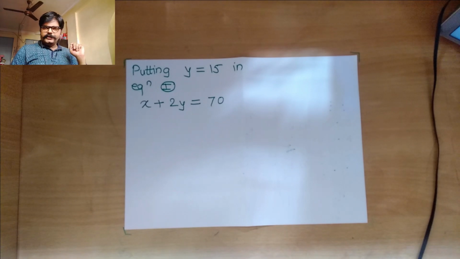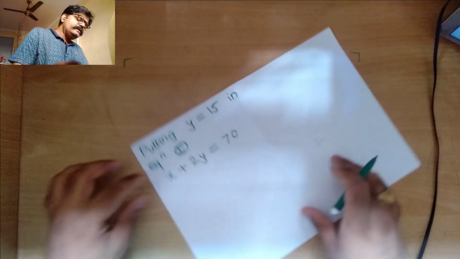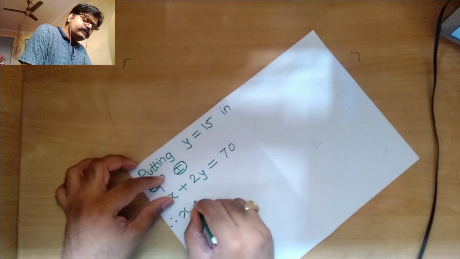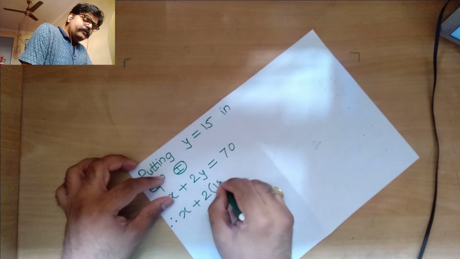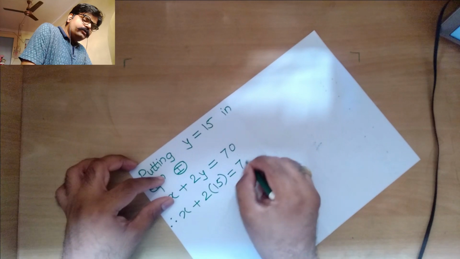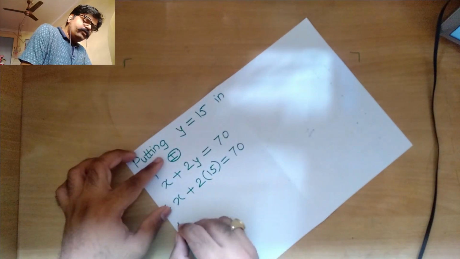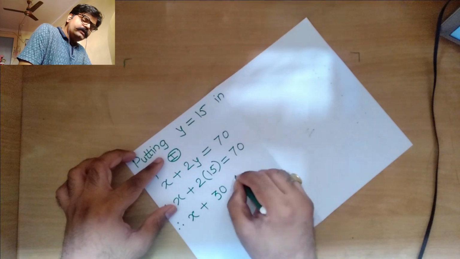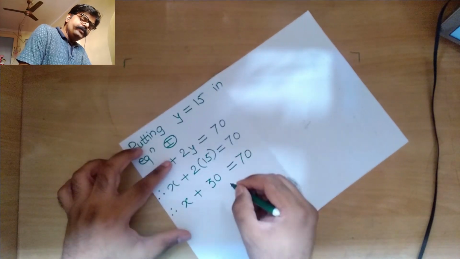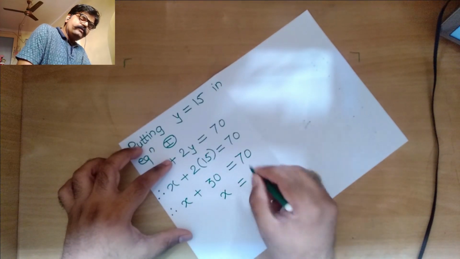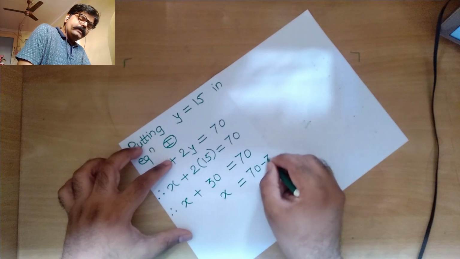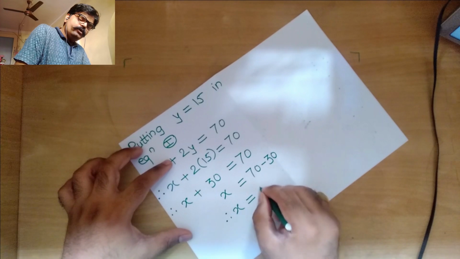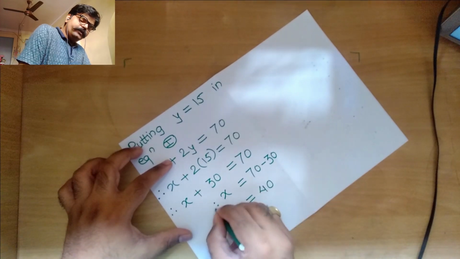Now we substitute that value. So x plus 2 multiplied by 15 is equal to 70. Therefore, x plus 30 is equal to 70, and therefore x is equal to 70 minus 30. That gives us x's value to be equal to 40.